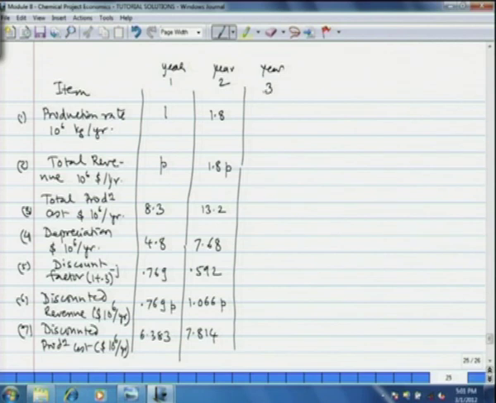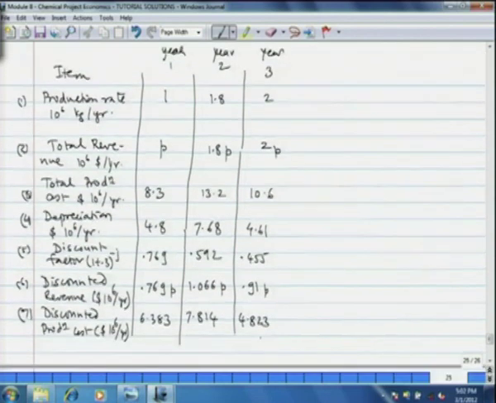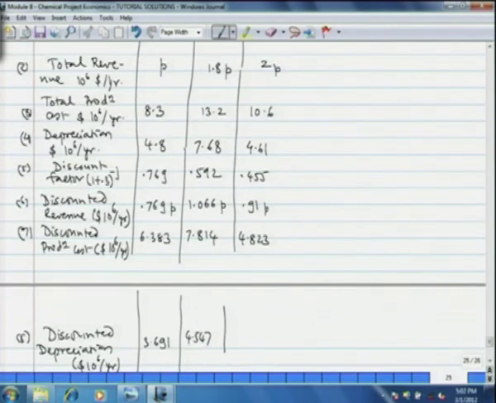Year 3, production rate 2, total revenue 2p, total production cost 10.6, this depreciation 4.61, then discount factor 1.3 raised to minus 3, so 0.455, then discounted revenue 0.91p, discounted production cost 4.823, and discounted depreciation is 2.098.